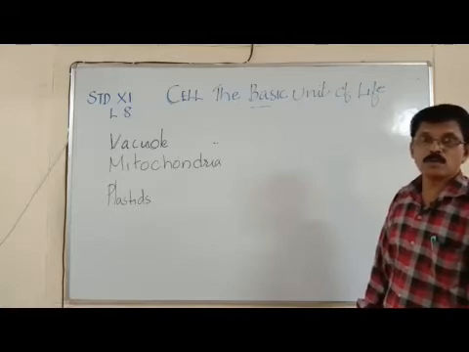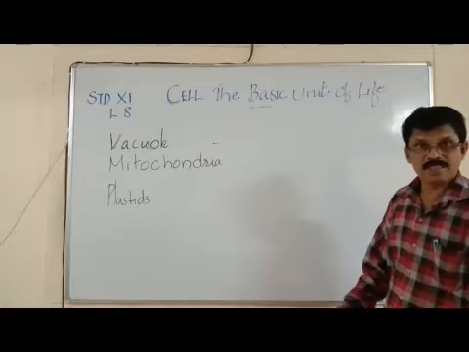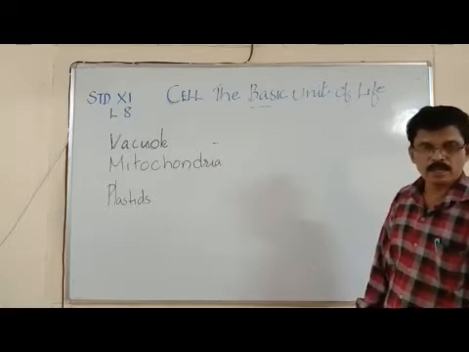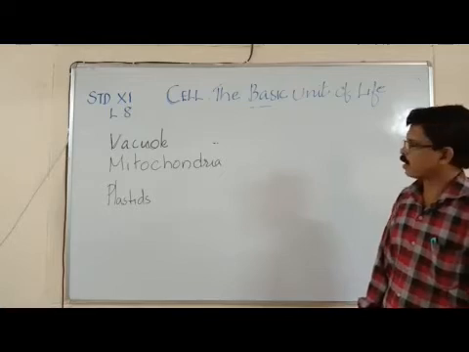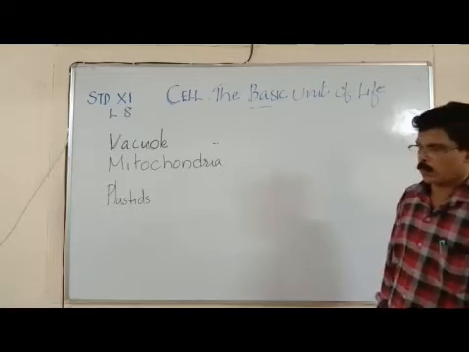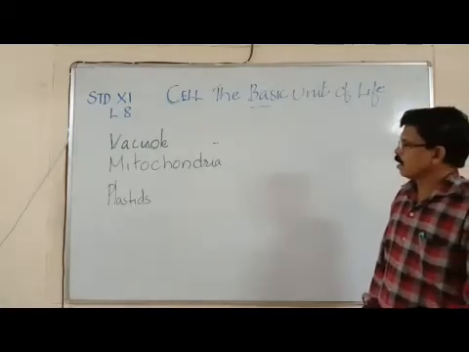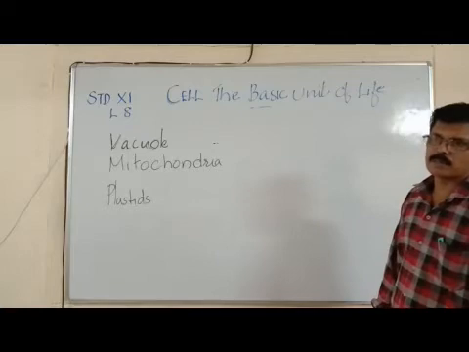They belong to the animal group, a unicellular protozoa. That's why euglenoids are both plant-like and animal-like organisms. Now, what are plastids? Plastids are organelles present in plant cells.